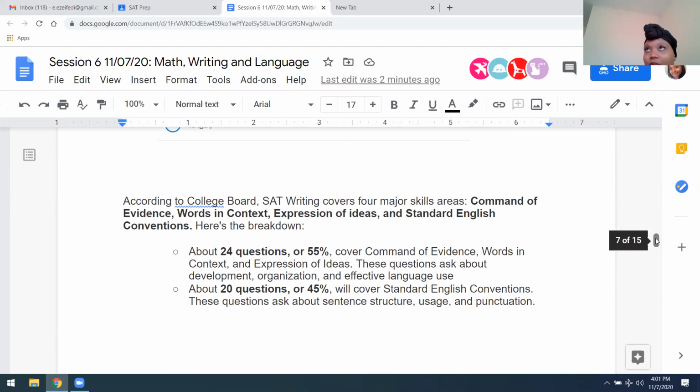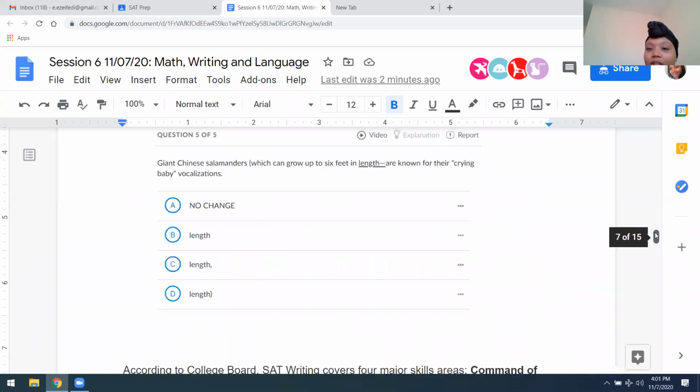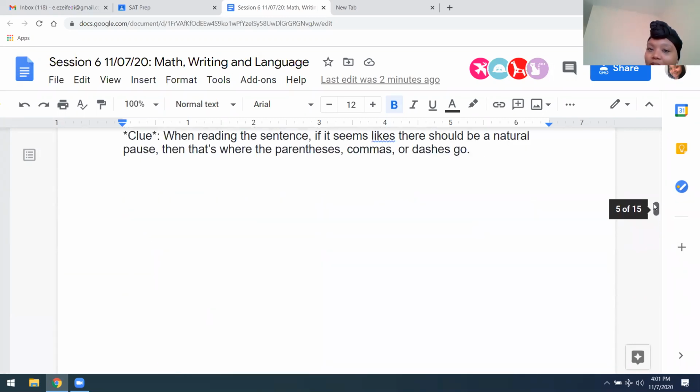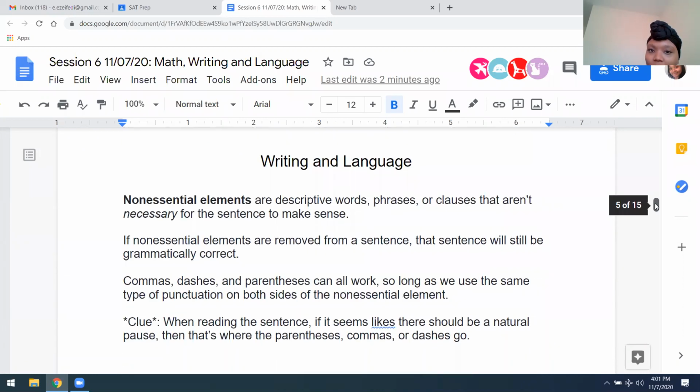That just means if you have good grammar. A little more than half will cover command of evidence, words in context, and expression of ideas. Basically, it's going to cover how well you can edit things to make sure it's communicating the point it's trying to communicate, and how good your grammar is.